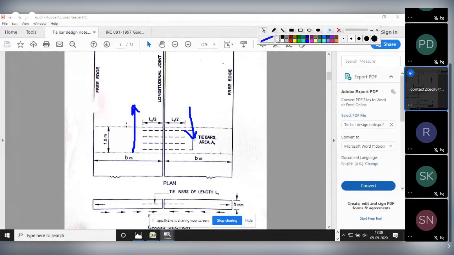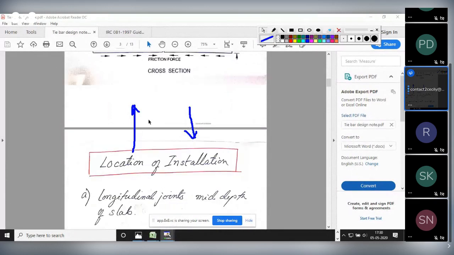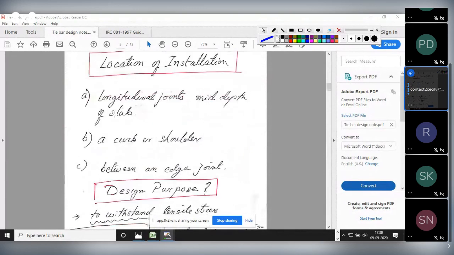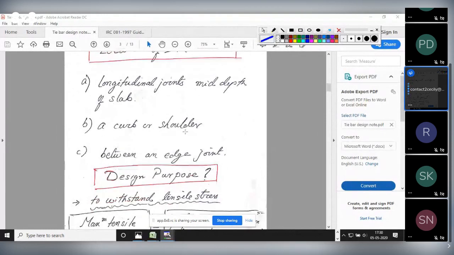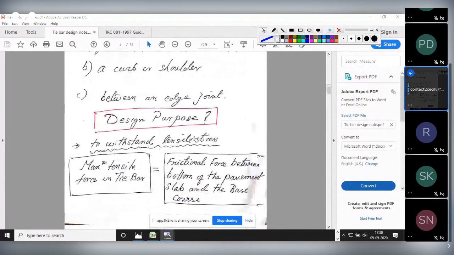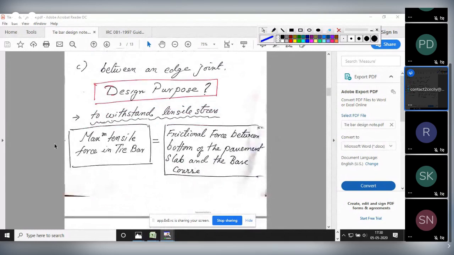Now see where they are placed. As I said, they are placed in the longitudinal joint at middle depth, at the mid portion of the slab, on the shoulder also, and on the edge joint. Now for design purpose, this is the main concept, how we will design the tie bar.